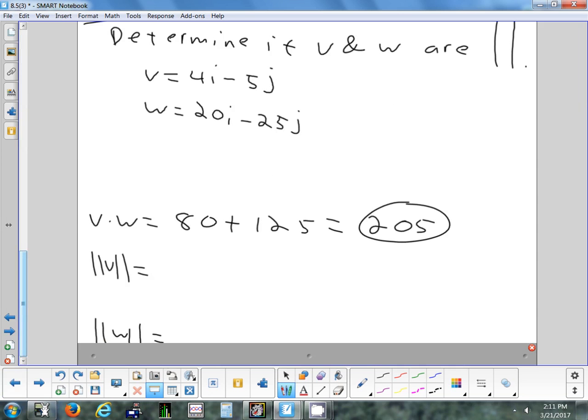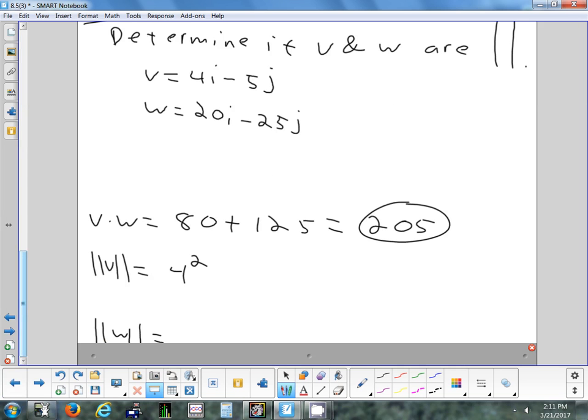Now I need the magnitude of V. Connor, what's going to be my setup here to find the magnitude of V? Yep, 4 squared minus 5 squared. When you do Pythagorean theorem, do we use a minus?